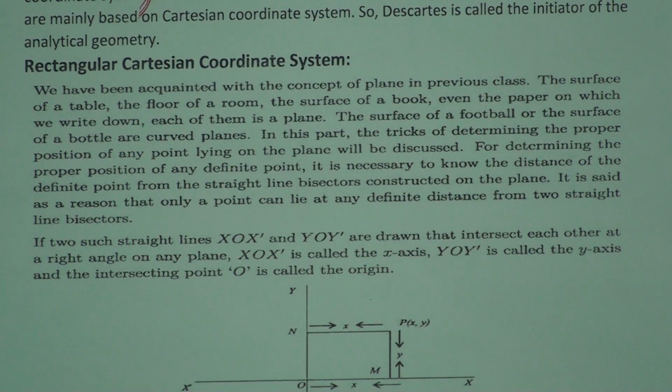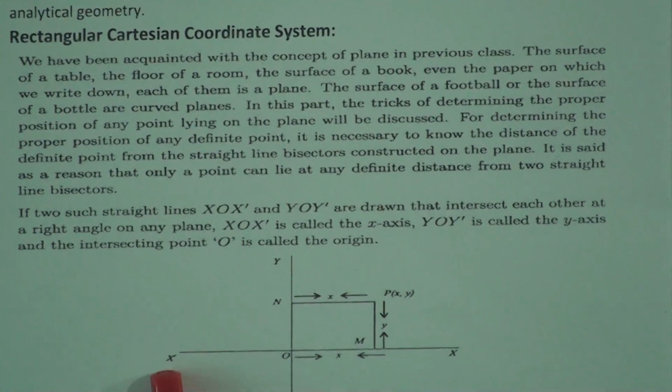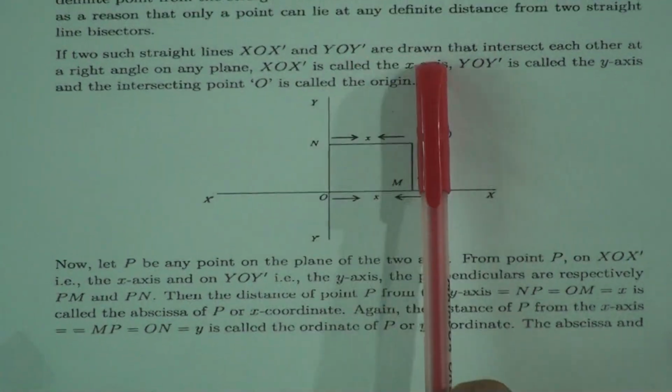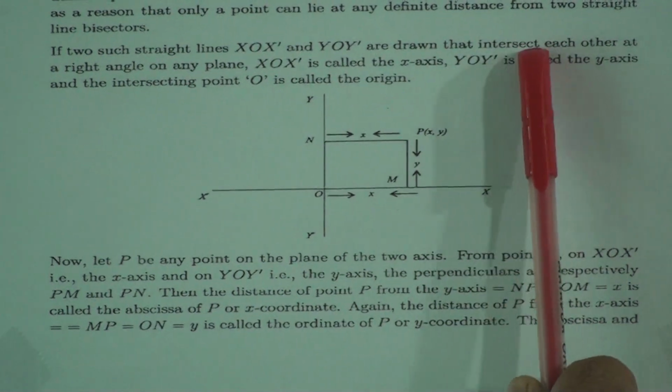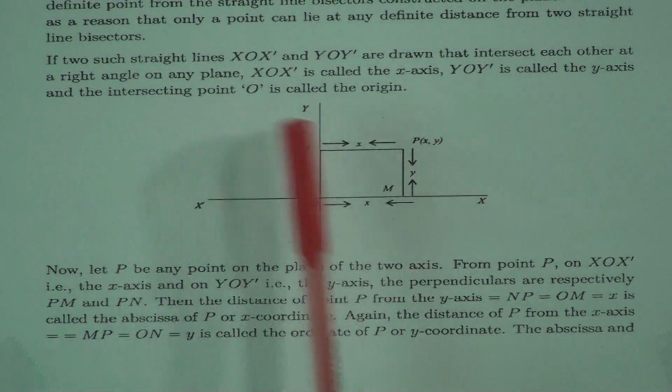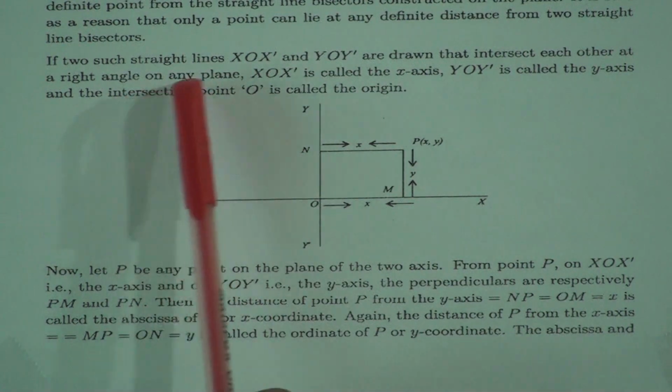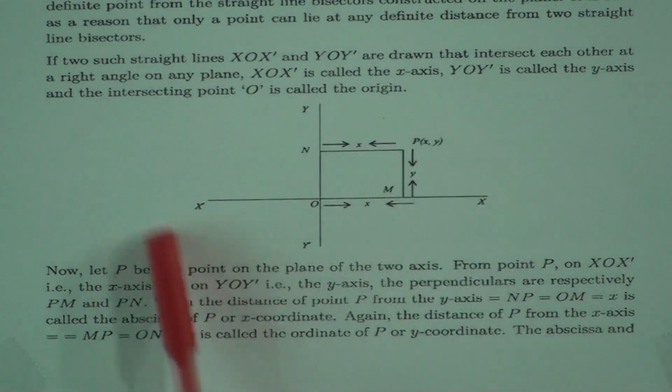Okay, now see. If two straight lines x o x dash, in the figure you see x o x prime, and y o y prime are drawn that intersect each other at o at right angle on any plane. This is a plane.